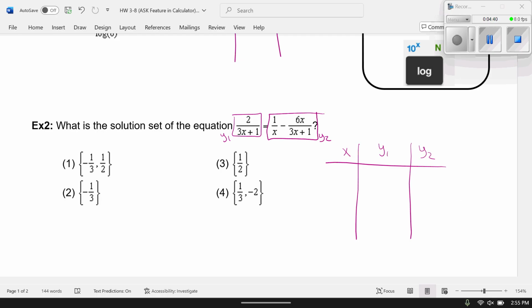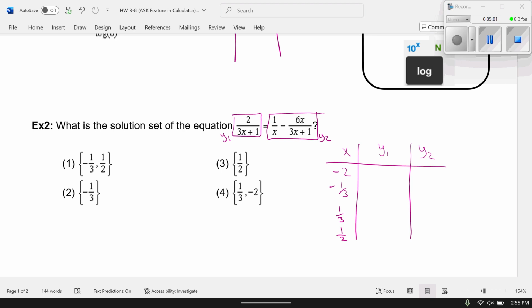Now, I know to use the ask feature because some of my values are fractions. So we're going to type in all of these options. What do we have? 1/3 and 1/2.